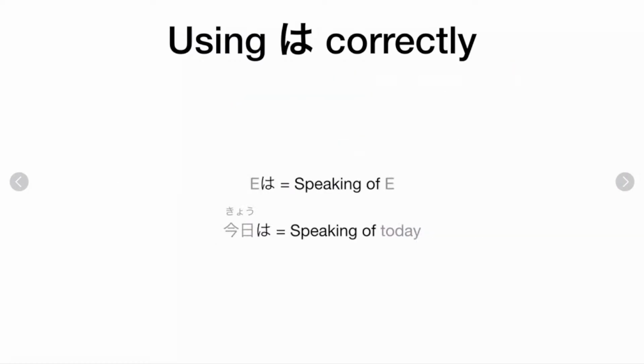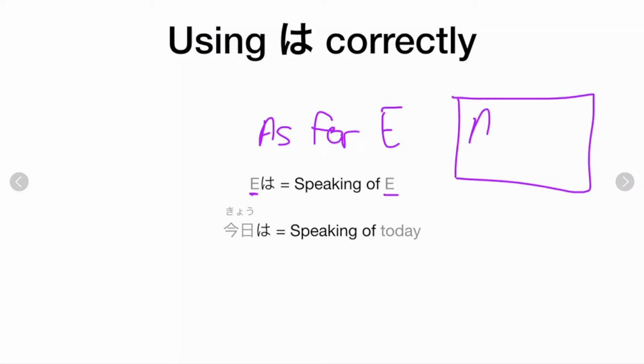So the way you would do that, right? If you say E is your topic, E wa is saying, speaking of E, or, as for E, and then whatever it is you're actually saying, which is your A ga B sentence.